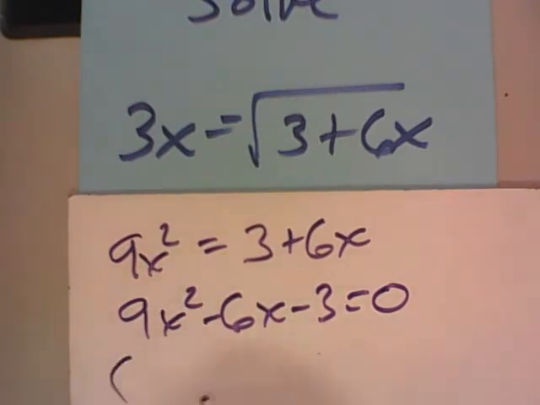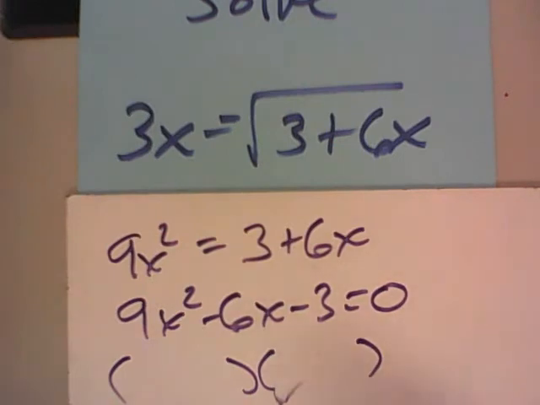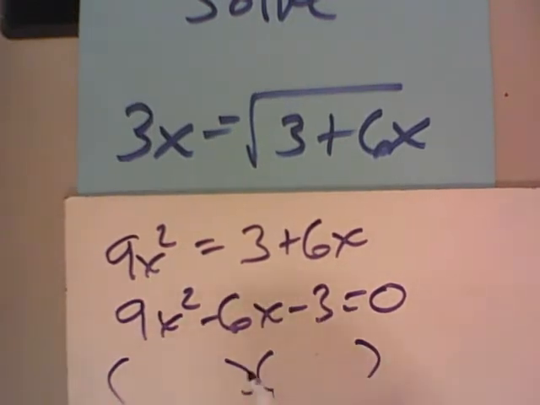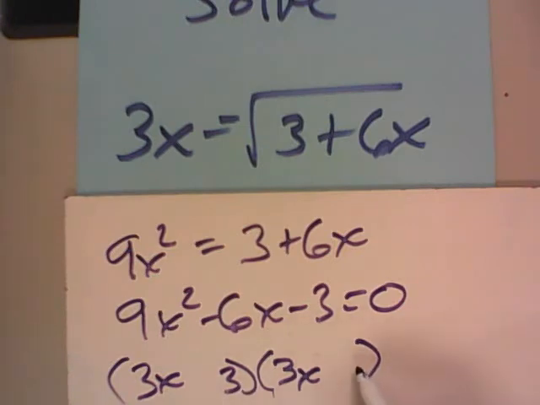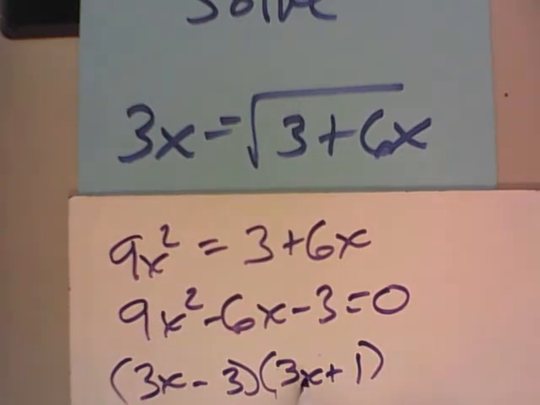And be nice if we can factor this. Let me try that here real quick. Let's try 3x times 3x, and then we might try 3 and 1, except one of them is going to have to be negative and one's going to have to be positive. I know that 3x times 3x is 9x squared.